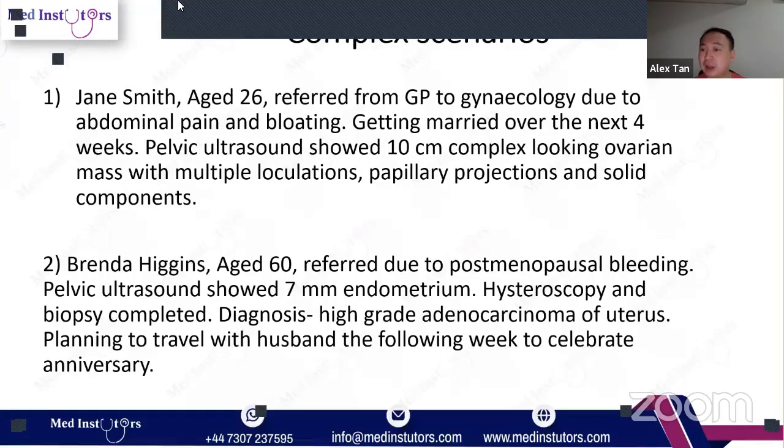It's done under general anesthesia. We plan to do a full hysterectomy to remove the womb, cervix, tubes, and ovaries. And because it's high grade, the doctor would do lymph nodes. Is that clear? Yes, doctor. You're not wrong by saying all those things, but this is how you say it effectively.